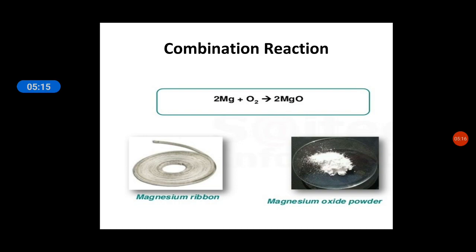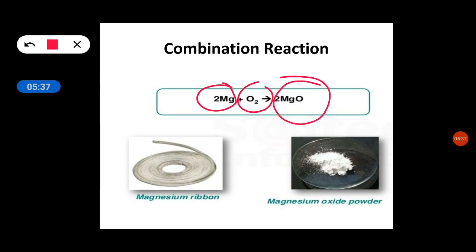When we burn this magnesium ribbon in the presence of oxygen, we get MgO. Magnesium reacts, that means plus, with oxygen gas, and gives rise to MgO powder. Here the two reactants are elements, and we get a compound as the product.